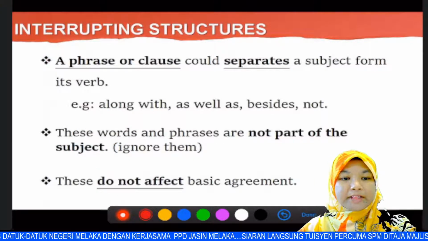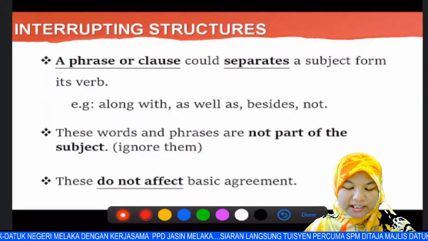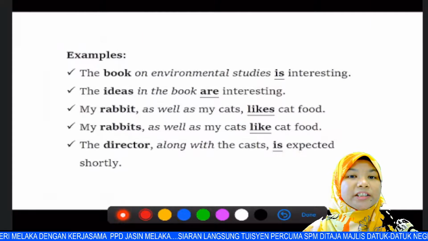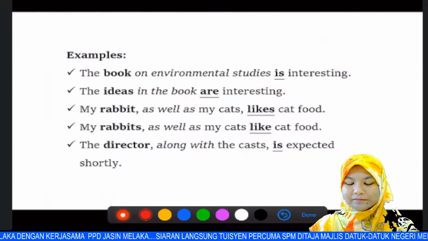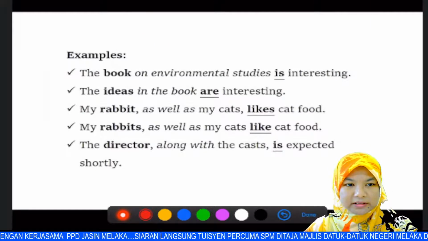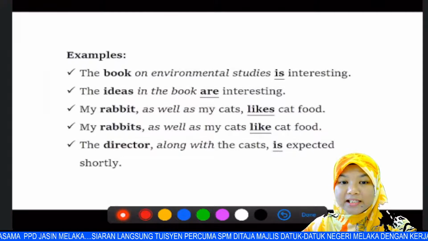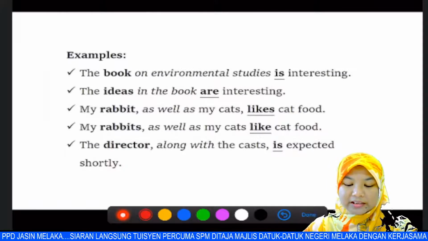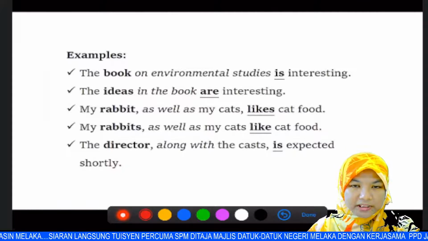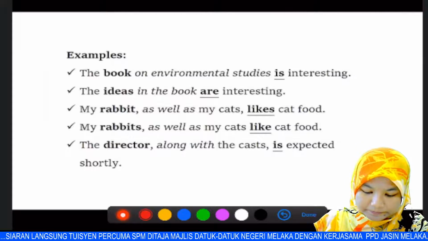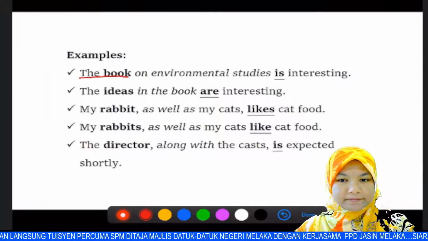Let's have a look at some examples of sentences which have interrupting structure. The first example: the book on environmental studies is interesting. Here, the subject would be the book.